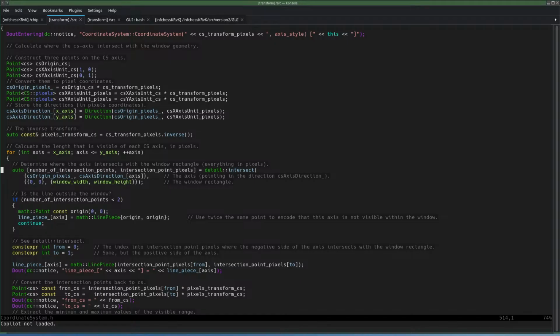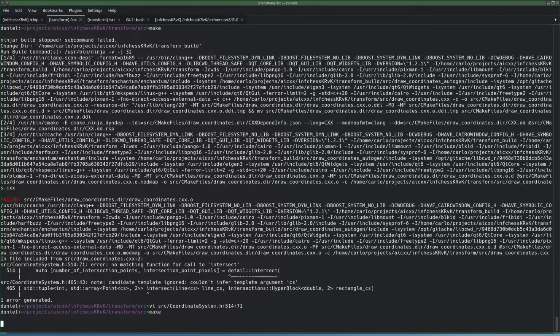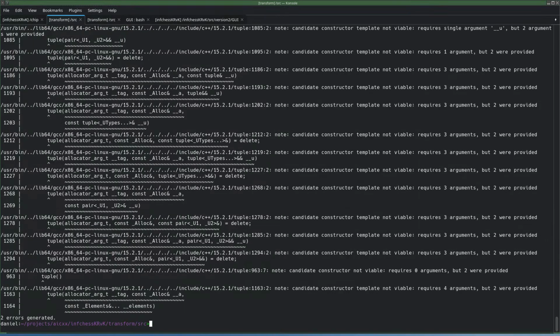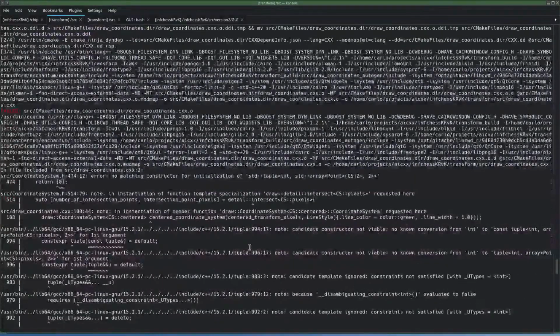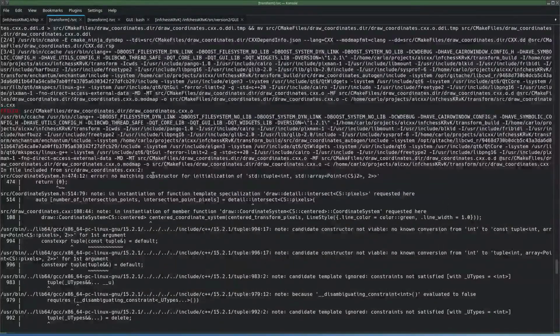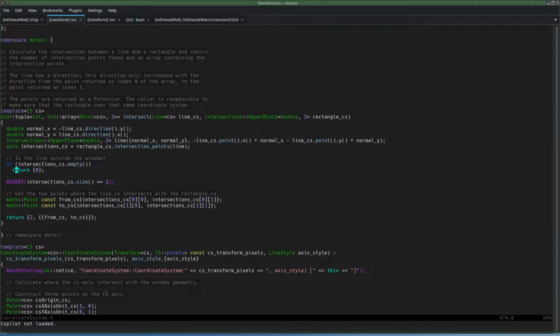Yeah, we can't. Now no matching constructor for initialization of std::tuple. Kotaro is right. Well, maybe I'm wrong anyway.